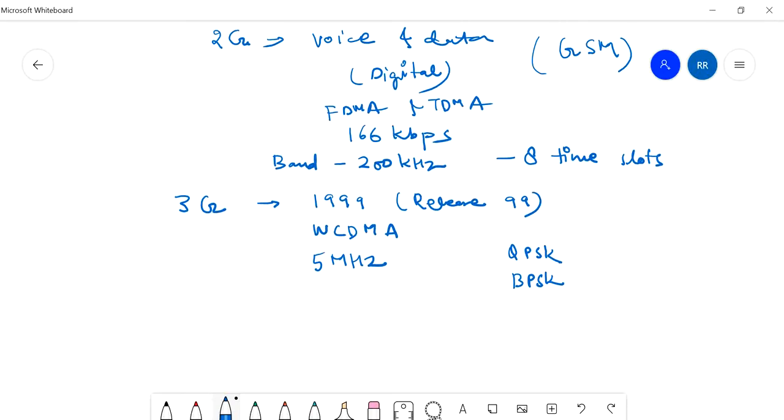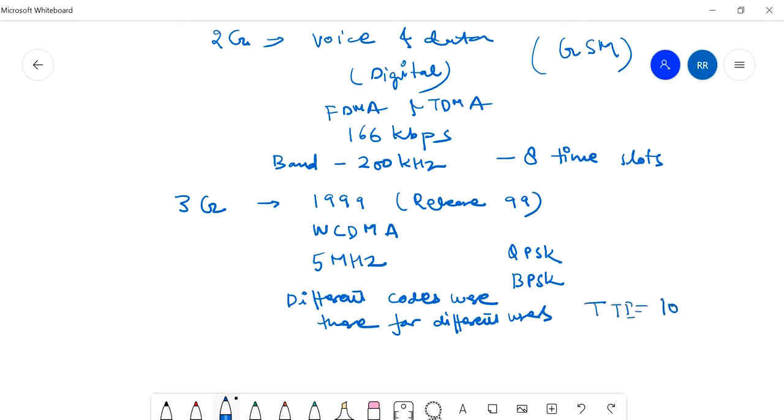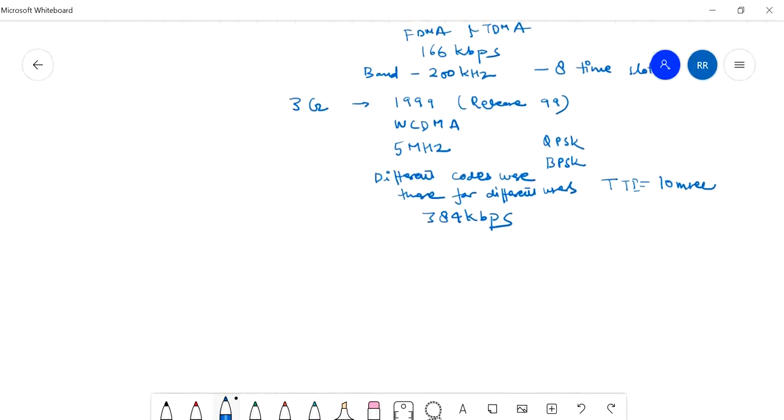And it was code based, because CDMA is a code based multi-access technology. So different codes were there for different users. It is different from GSM, right? And here the TTI was around 10 milliseconds, right? And 384 kbps speed we used to get in 3G.